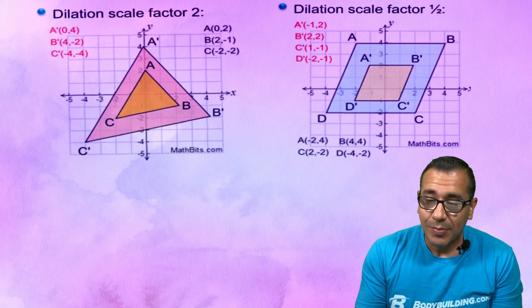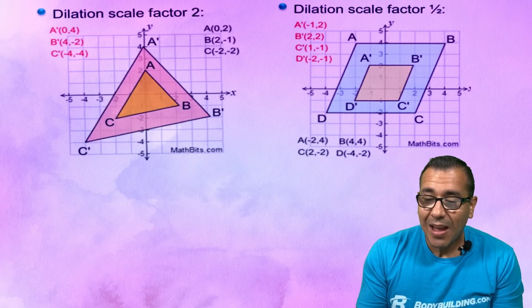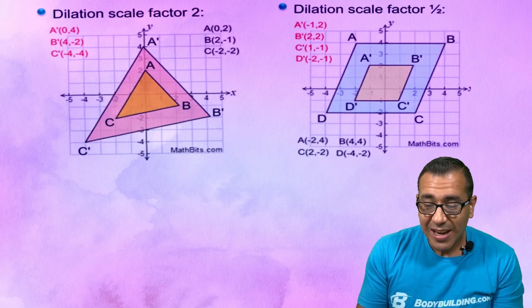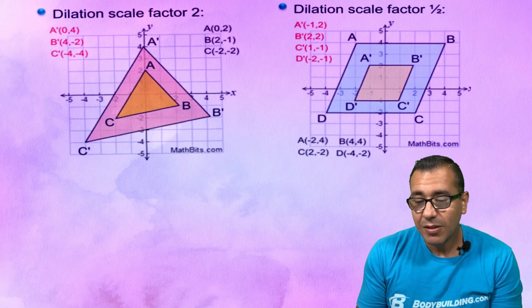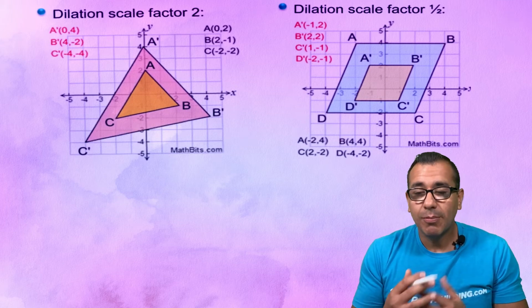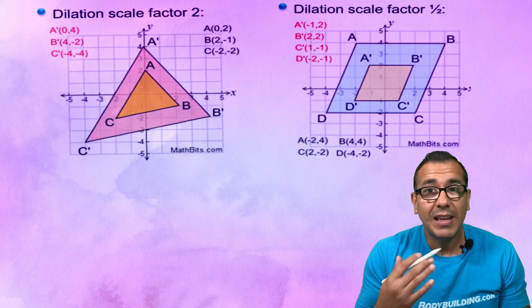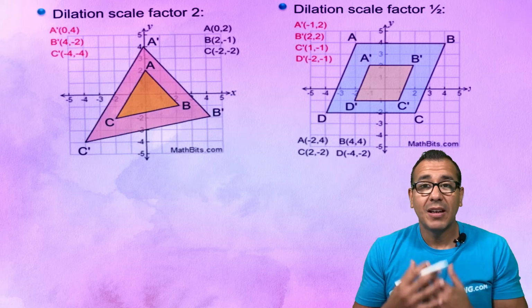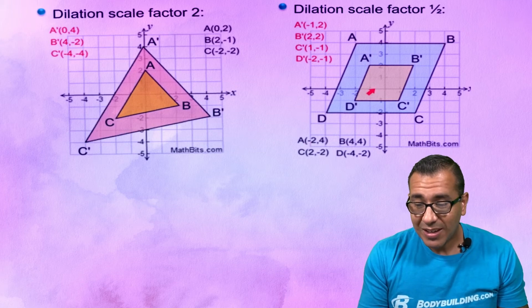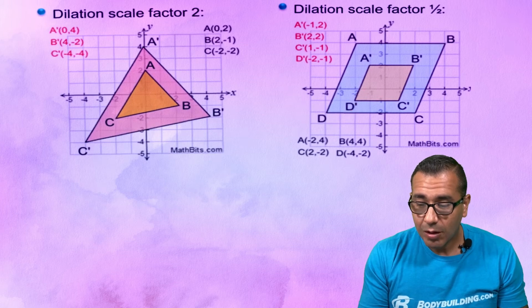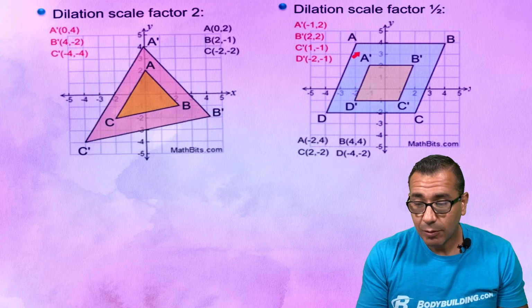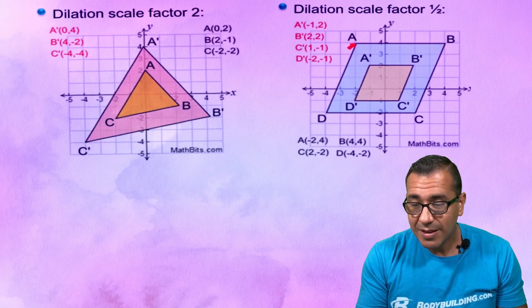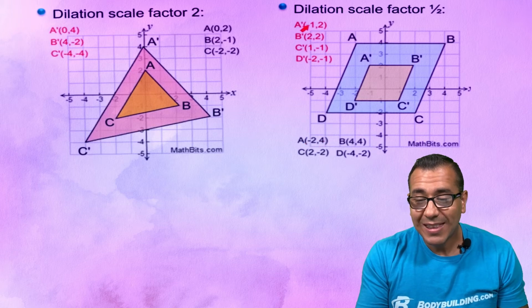And let's say we're going to shrink it, right? We're going to dilate it by a scale factor of 1/2. So again, what you would do is you would take your original points, all these X and Y values, every single one of them, and all you're doing is multiplying it by a scale factor of whatever they give you. In this case, you're taking half of each one of those values. So instead of -2, 4, which is up here, you're going to take half of those, and that'll be -1 and 2, and that's how you get this new value.